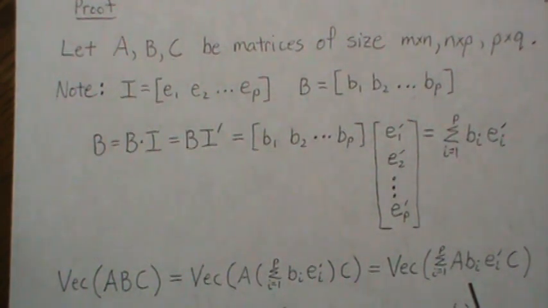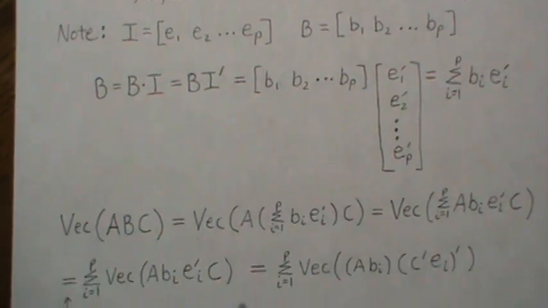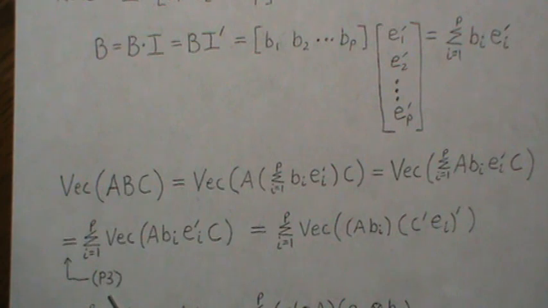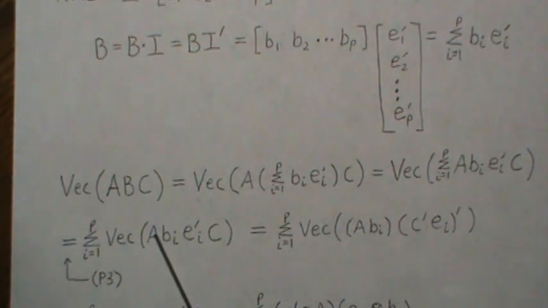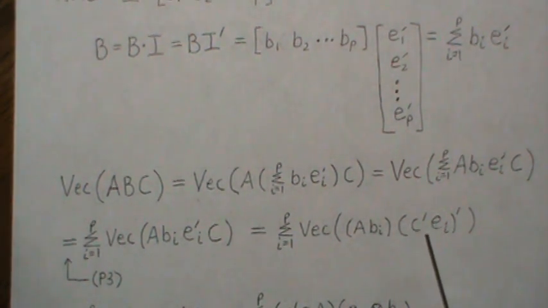But the vec property, according to property 3, says the vec of this sum is actually the sum of the vecs. Now in here, let's think about this as a vector. This is an n by 1 vector, and if we transpose this, it's a row vector, and this is a column vector.